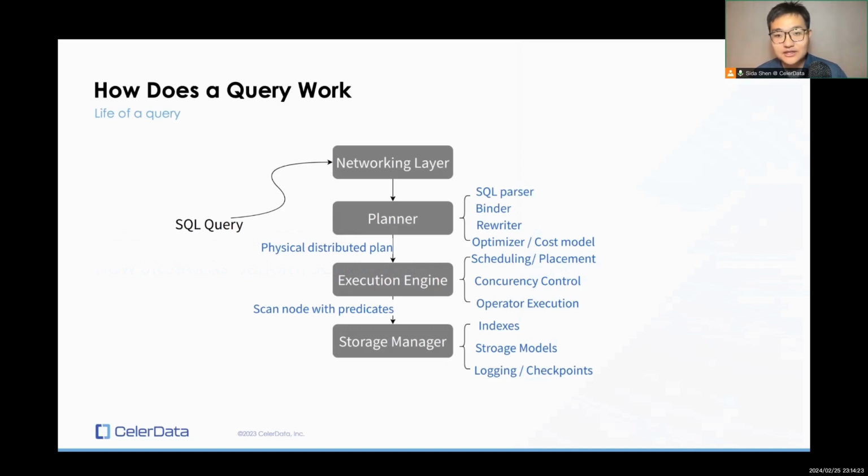The execution engine scans data from the storage according to the distributed physical plan, actually executes the query, and returns the result to the network layer, and then the user sees the query result. From this, there are a lot of things that can be optimized: the SQL planner and how a SQL is executed. So these are the two main parts.